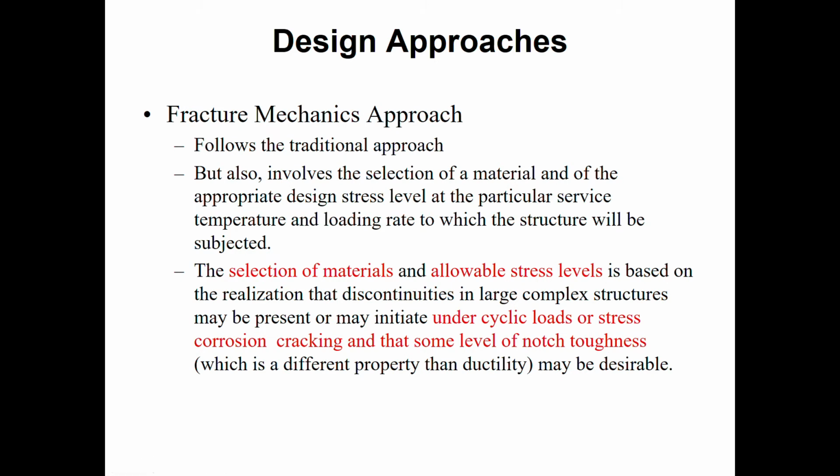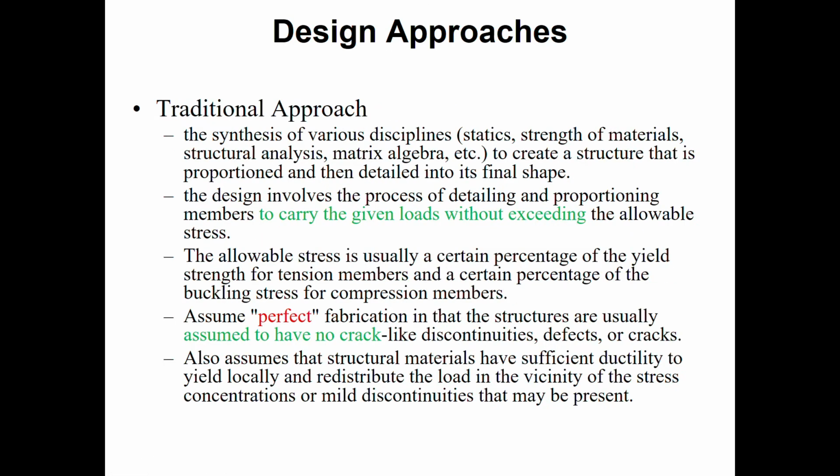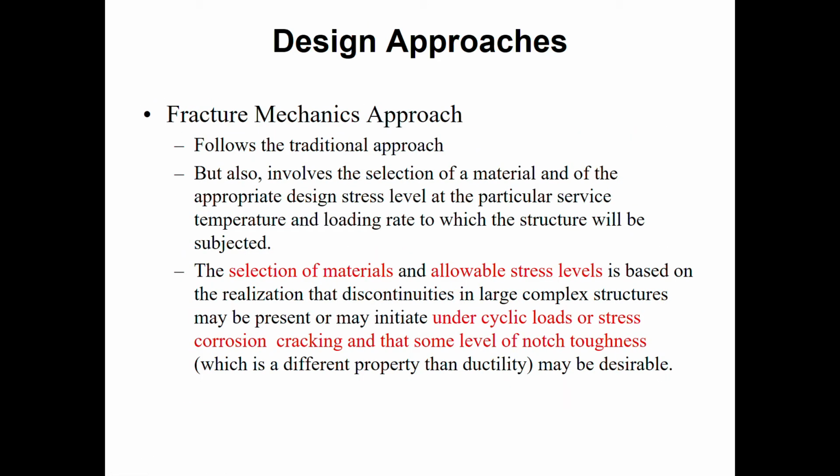Alright, there's another approach. This is the traditional approach, while this one is the fracture mechanics approach. First of all, the fracture mechanics approach follows the traditional approach, but also involves the selection of a material and of the appropriate design stress level at the particular service temperature and loading rate to which the structure will be subjected.